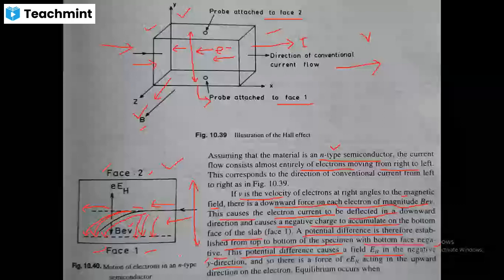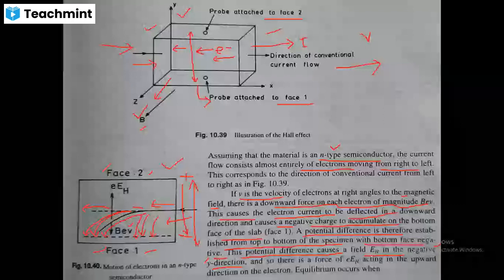What is the meaning of this? Once the electrons are accumulated here, we will have the electrons here and the holes here, right? And what is the direction of the electric field? Remember, the direction of the electric field is always taken from positive to negative.